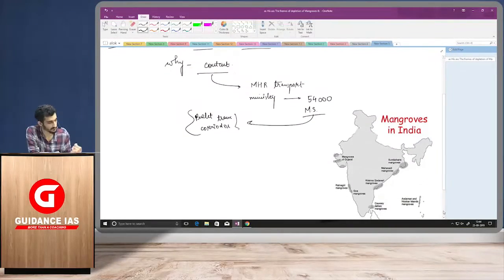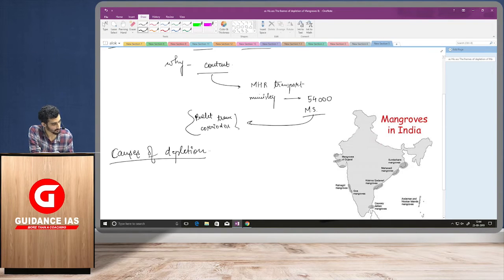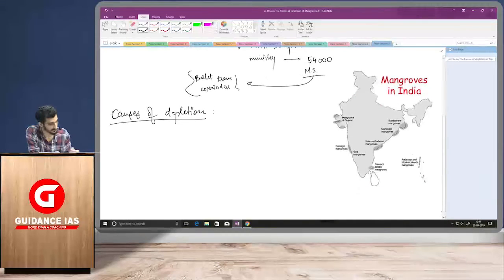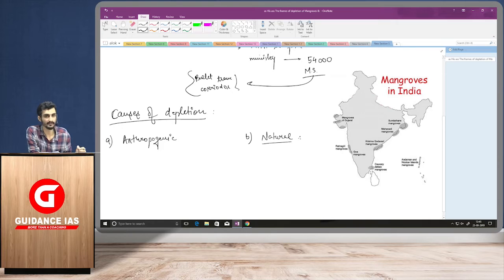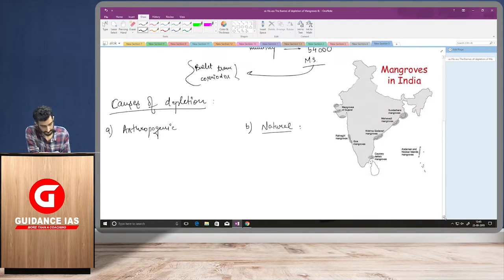And then moving ahead, it is asking the causes of depletion of mangroves. So causes can be further categorized into two subheads, that is, causes can be anthropogenic, that is human induced, and causes can be natural, that is due to natural phenomena occurring.